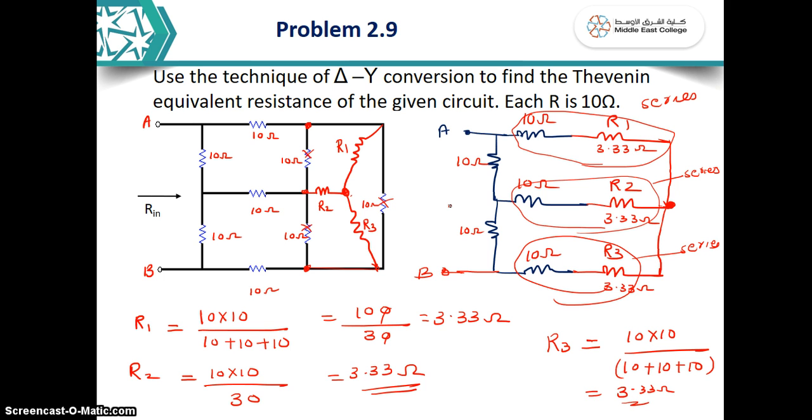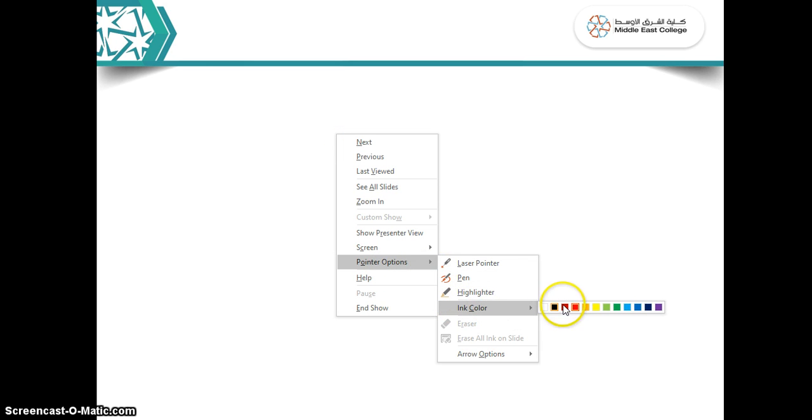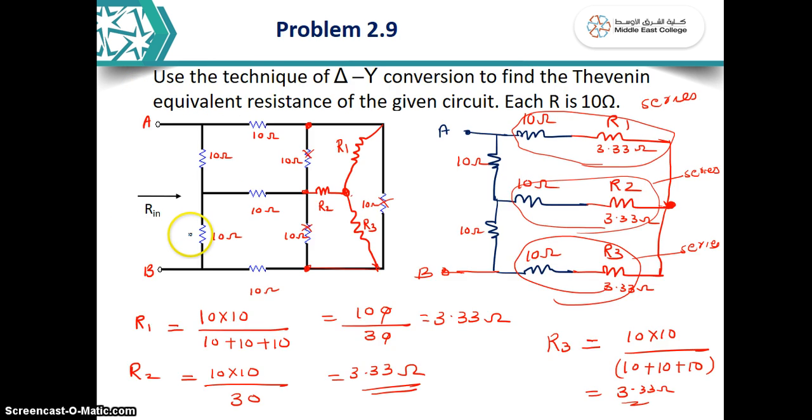So now your circuit becomes: between A and B you have two 10 ohm resistors, no change for that point, A and B. Now here you have 13.33, here you have 13.33, here also you have a 13.33 resistor.